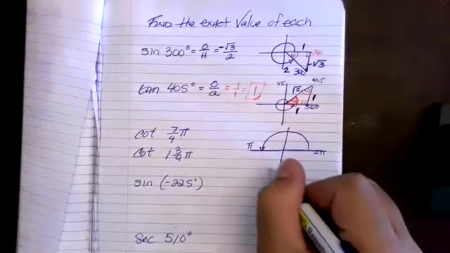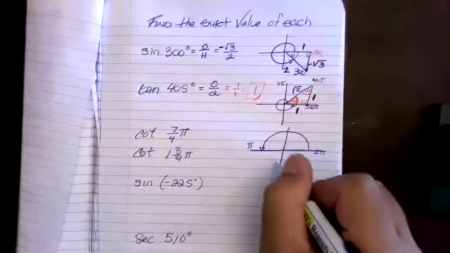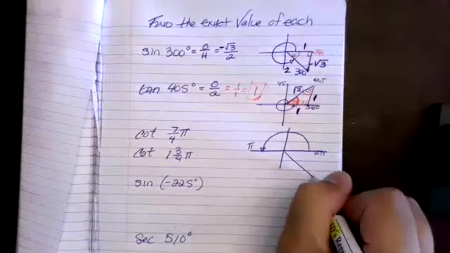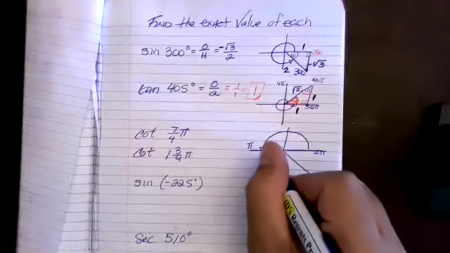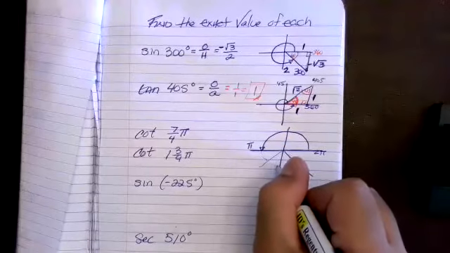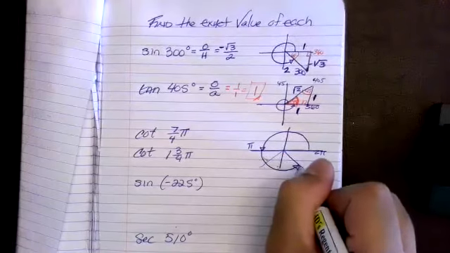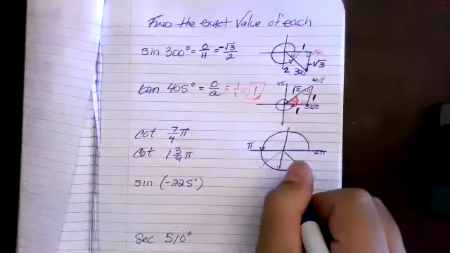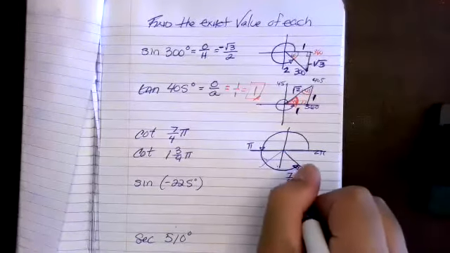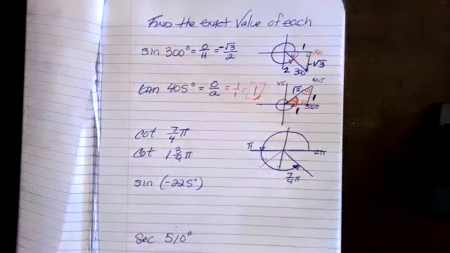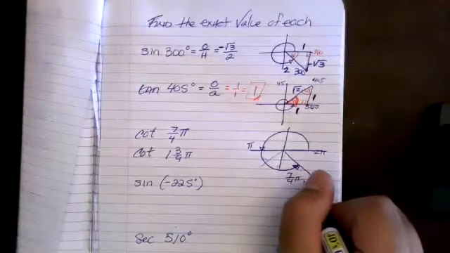So this would be 1.5, and 1 3/4 would be here. Right? This would be 1 1/4, 1 2/4, 1 3/4. Right? So that's where my 7/4 pi would be, or 1 3/4.